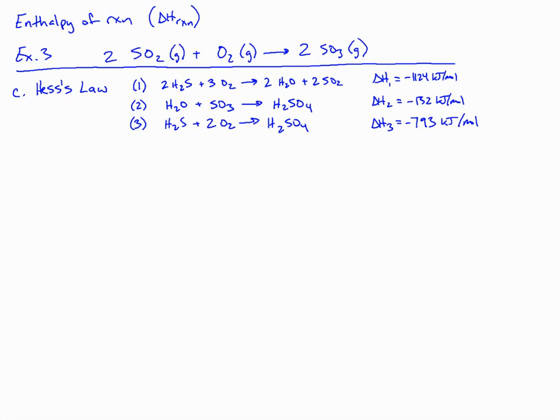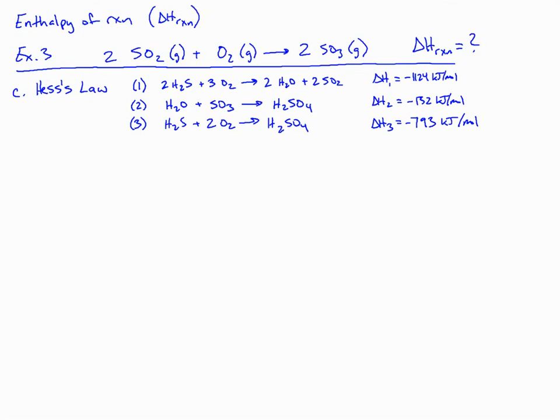So we're going to maybe double these, maybe flip them, to get to the point where we have the one reaction that you see at the top, the reaction that we've been working with. By the end of all this, we want to have the delta H for this reaction. So this is what we're looking for.